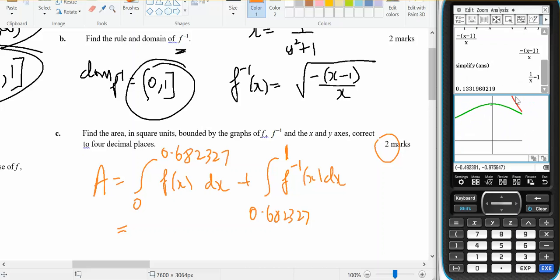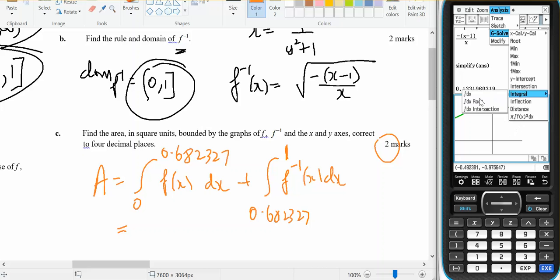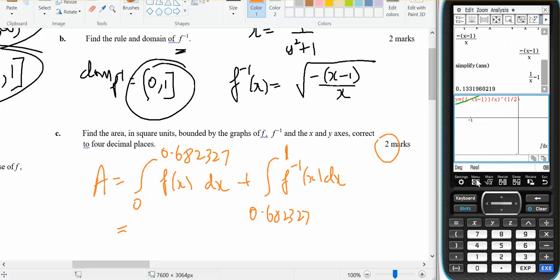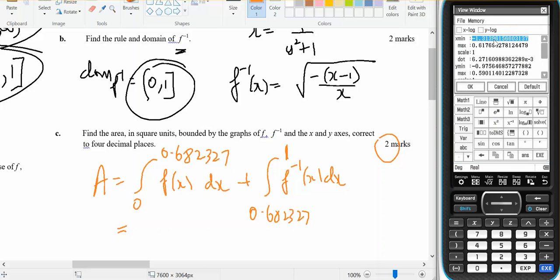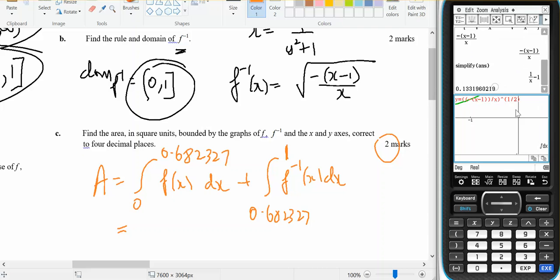And then I do the second one, which will be analysis, G-Solve, integral. Cancel, cancel, cancel, cancel.